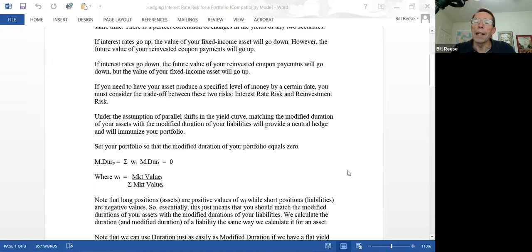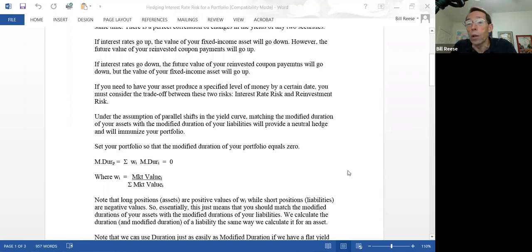If we want to make the assumption that in addition to having only parallel shifts of the yield curve, the yield curve is flat and will only move in parallel shifts, then we can get away with not just setting the modified duration of my portfolio equal to 0, but we can set just the duration of my portfolio equal to 0.